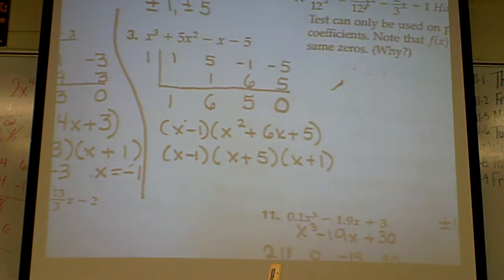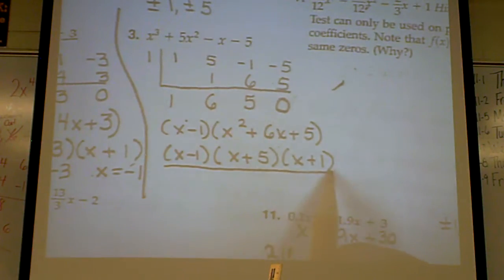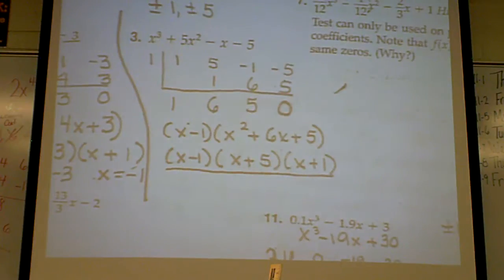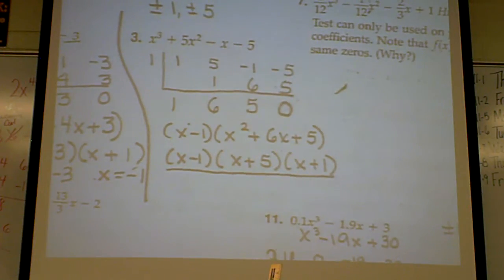So answer the question. On the test, it's gonna say find all the rational zeros. If you write this as your answer, have you answered my question? Someone in here will probably do that. Okay? Is everybody looking at this?